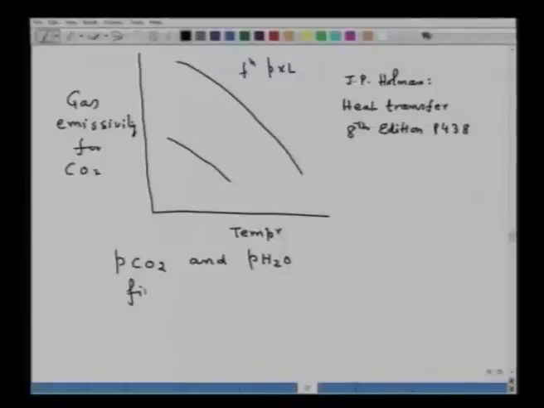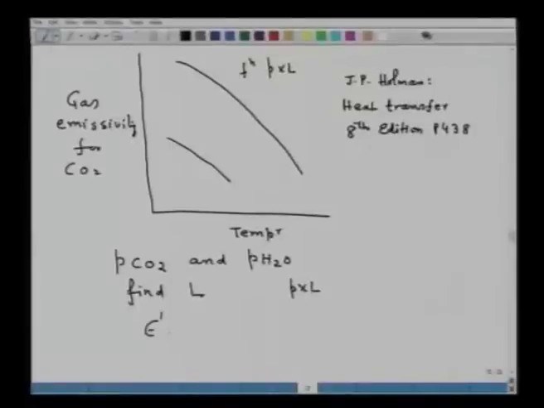Once you determine this, find the value of L from the relation which I gave you earlier. Make the product P into L. Then consult the plots for gas emissivity for CO2 as well as H2O as a function of temperature, and for a given value of PCO2 into L, you will read the value of emissivity of CO2.